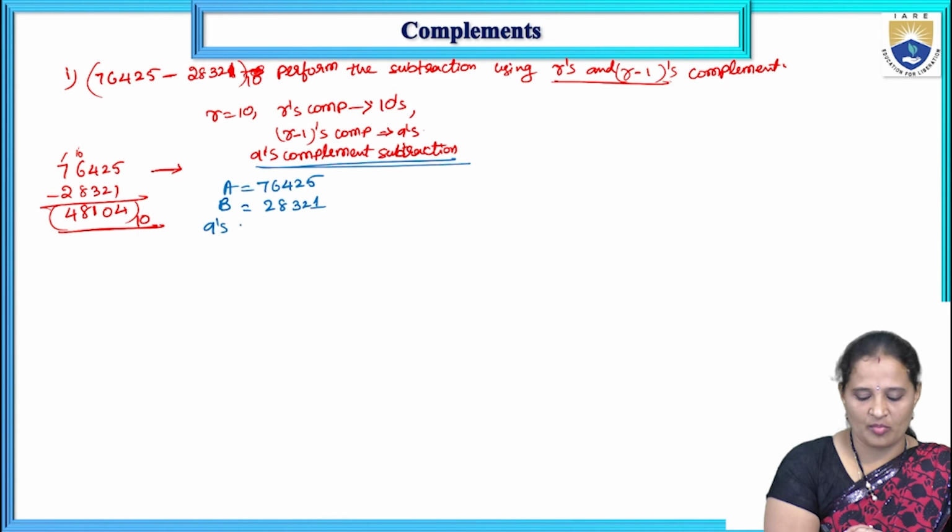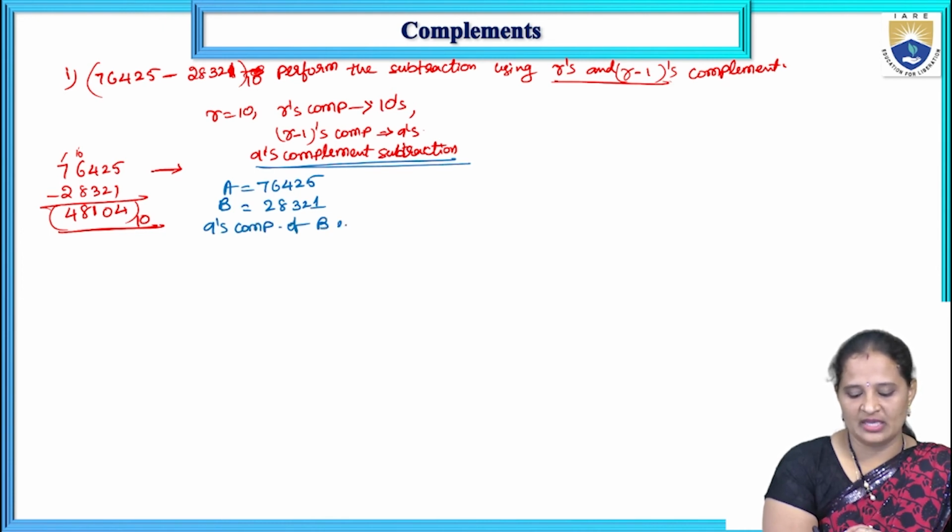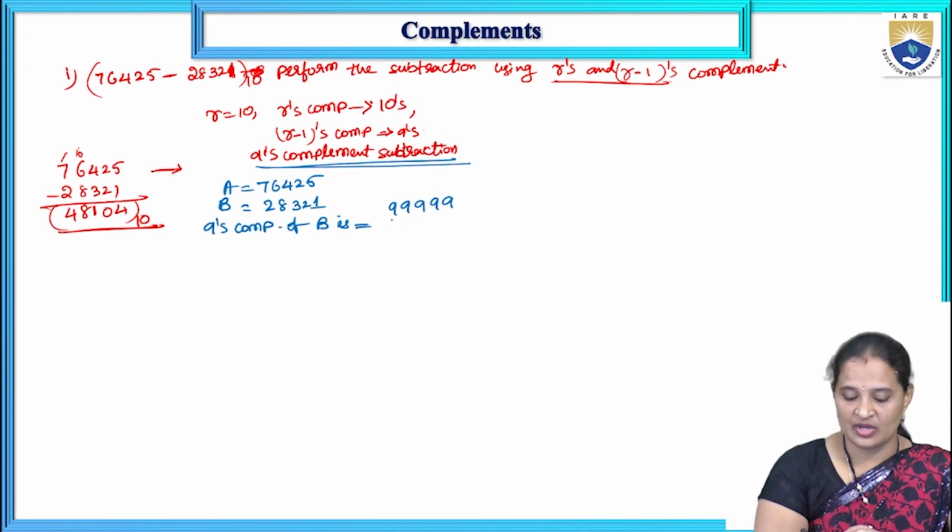First, the 9's complement of B. How many digits is it? 5 digits, so I take five 9s and subtract 2, 8, 3, 2, 1 from them. 9 minus 2 is 7, 9 minus 8 is 1, 9 minus 3 is 6, 9 minus 2 is 7, 9 minus 1 is 8.